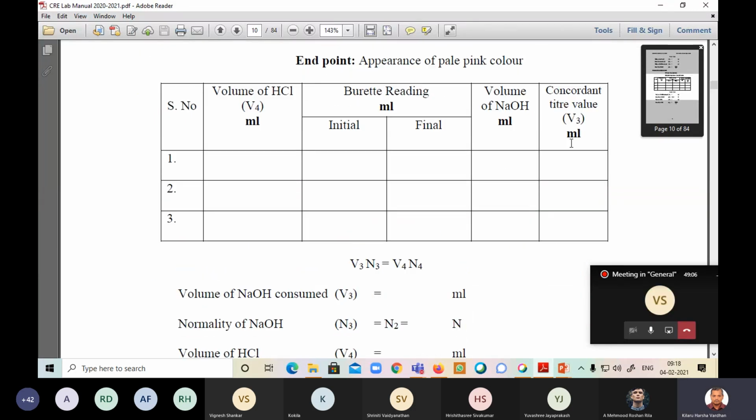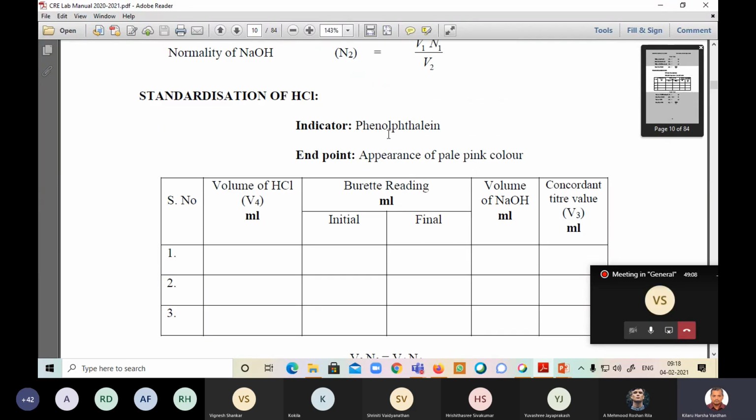Because this is HCl you are standardizing by using NaOH. This is the standard NaOH which you are using, and V4 is the concentration of HCl. So how much V3 is being used to standardize this? Because HCl you are using to arrest the reaction. So how much of the HCl is remaining inside the reactor which is unused for arresting it? That is what you are going to calculate here.